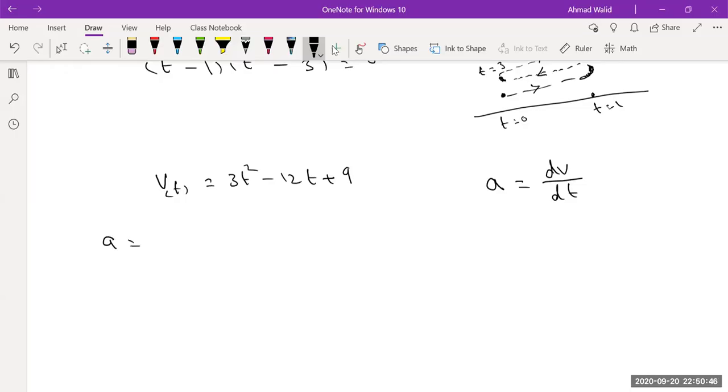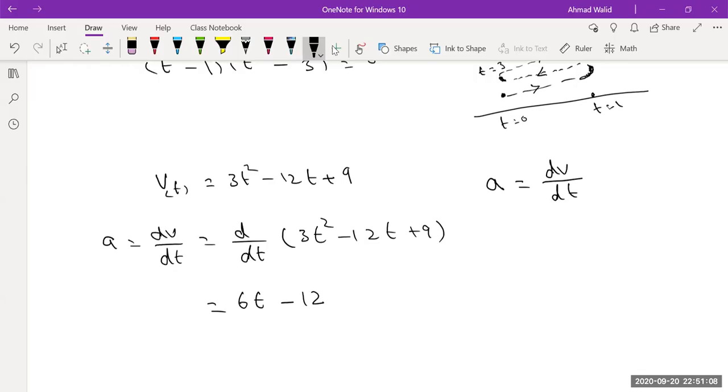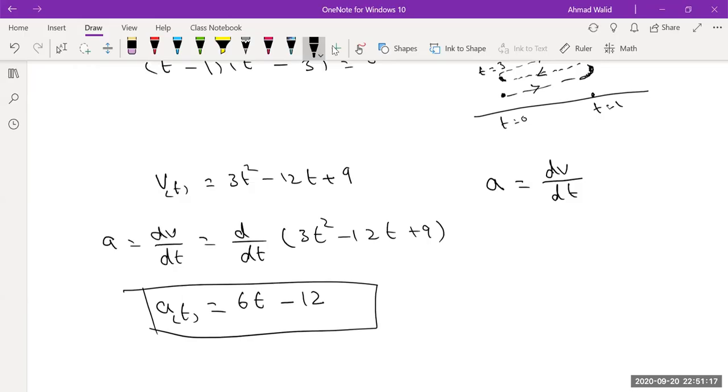Then a equals dv over dt equals d over dt of 3t squared minus 12t plus 9, which is equal to d/dt of 3t squared gives you 6t, minus d/dt of 12t gives you 12, and d/dt of 9 becomes 0. Here you go. This is your acceleration function at time t.